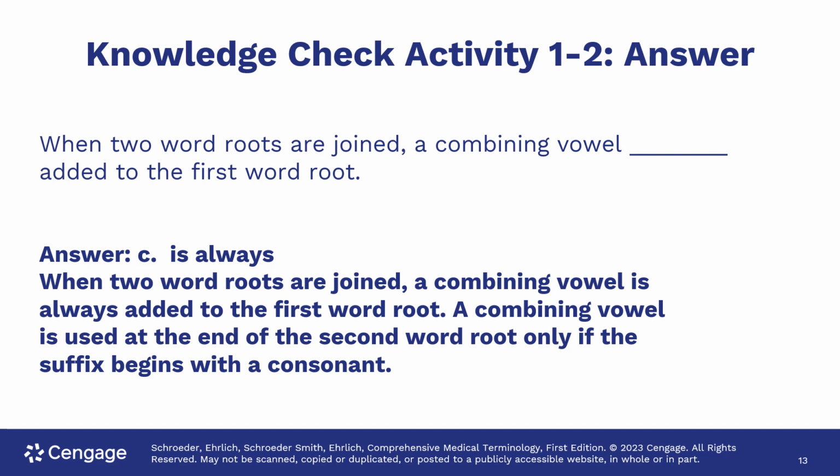So when two word roots are joined, a combining vowel is always added to the first word root. When two word roots are joined, boy, I say that 10 times fast, a combining vowel is always added to the first one and sometimes added to the second one, but only if the suffix begins with a consonant. Remember, if it doesn't have a vowel, add it.